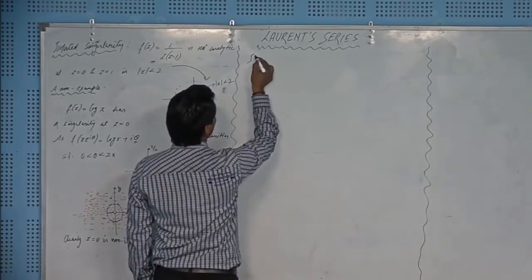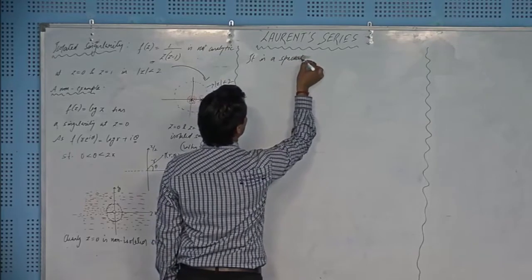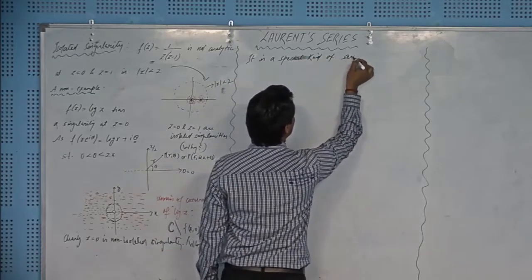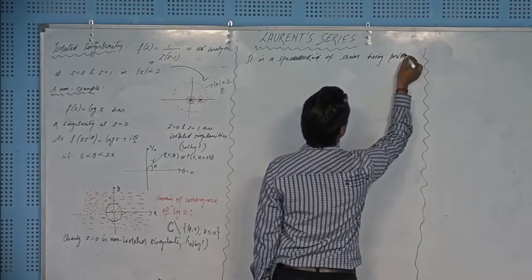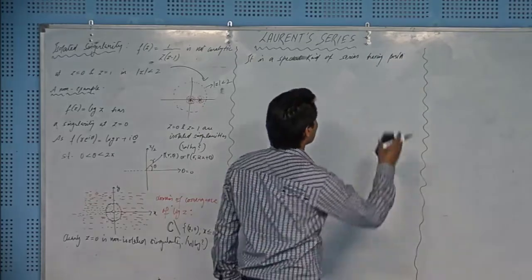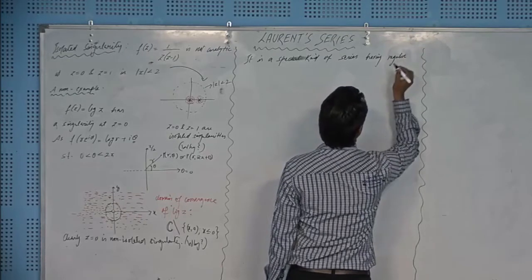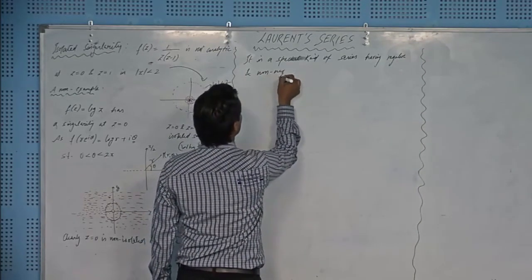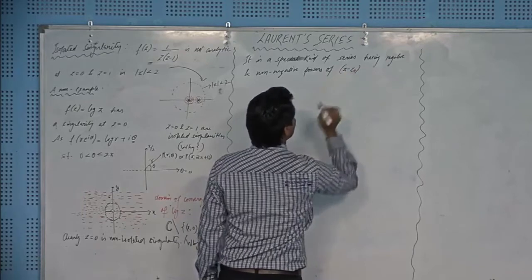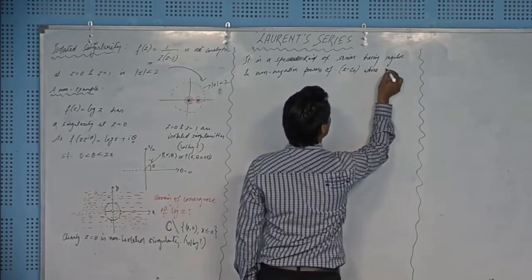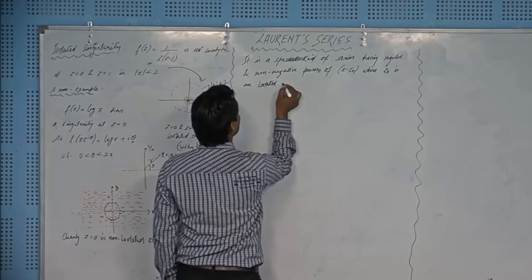So what is the Laurent series? It is a special kind of series having negative and non-negative powers of z minus z naught, where z naught is an isolated singularity, right?